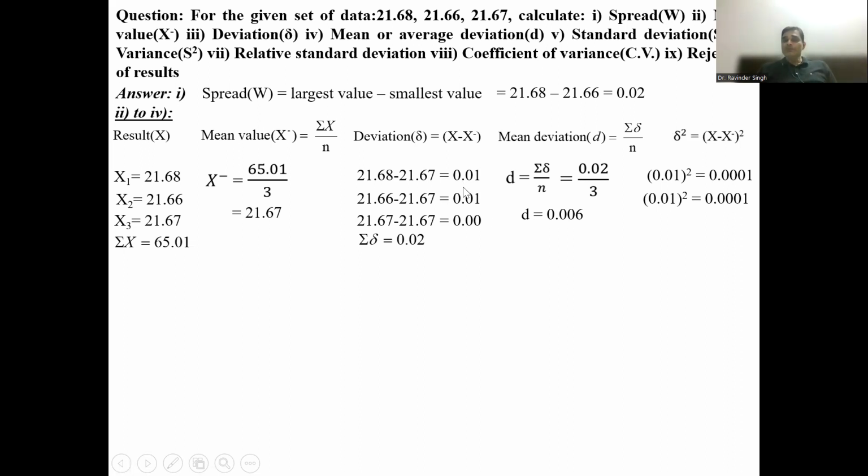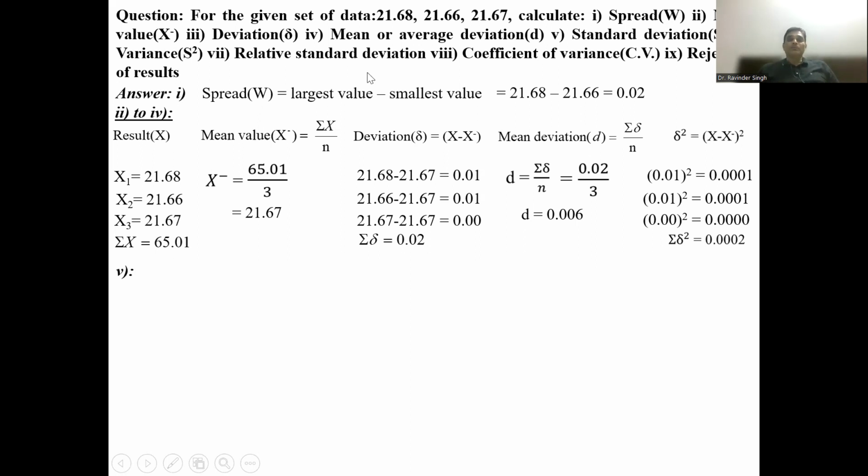Next one 0.01. Again take the square of that. Result will be the same. Next one is the 0 here. Square of 0, answer will be 0. Take the sum of all these. Sum of all these is 0.0002.